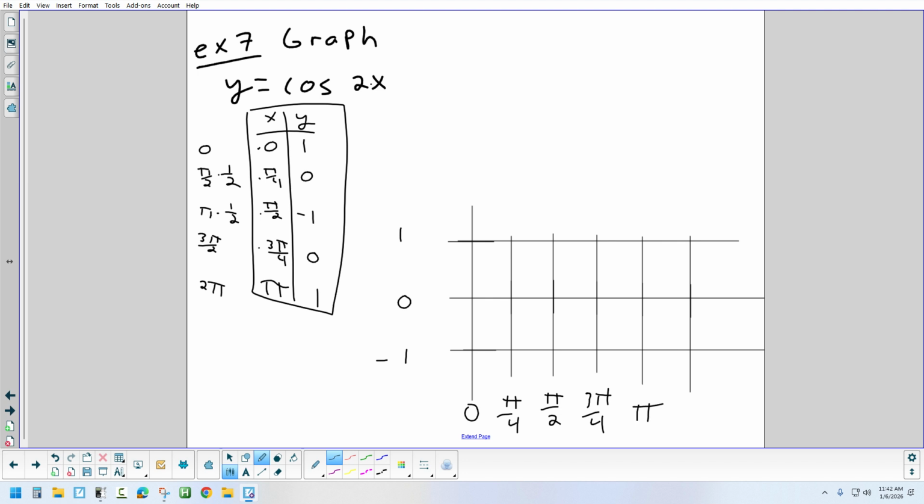But I reduce them because we're supposed to reduce if you can. Okay, so 1, 0, -1, 0, back to 1. Again, the graph doesn't look like it's been stretched or compressed in any way because I changed my scale. Any questions on that one?